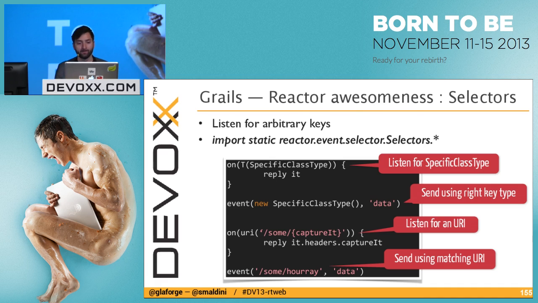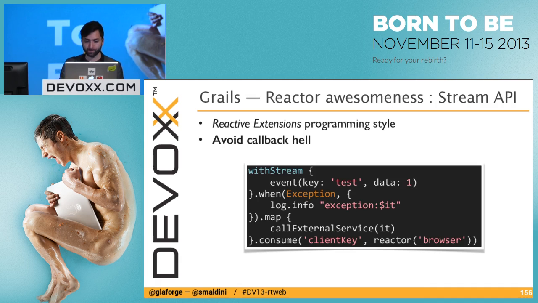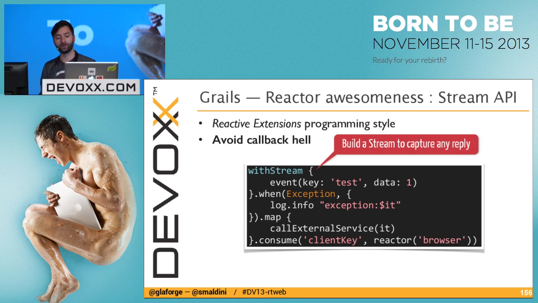Another interesting thing, another method injected in your artifacts, the stream. So remember the stream in Reactor. We can create it automatically using with stream. With stream is going to capture every reply. Remember, we can do reply on a consumer. Where does the reply go?